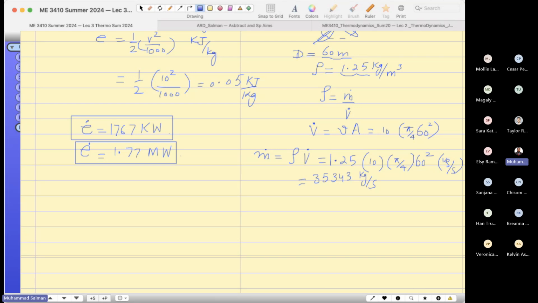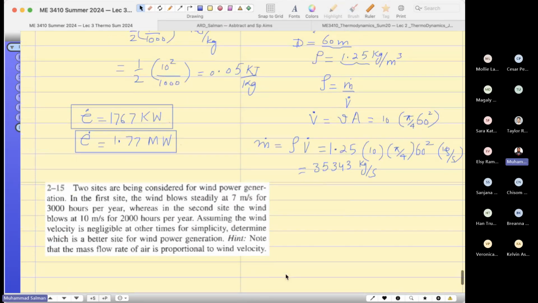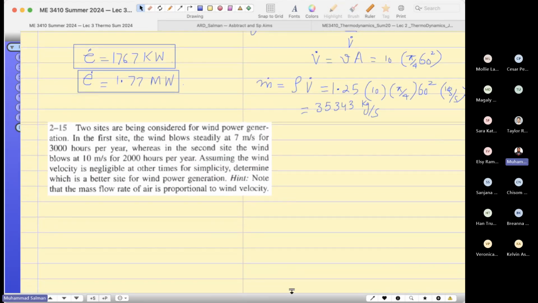This you can solve it by... Let's do one more problem here. Mechanical engineering. I'm focusing on the mechanical energy part since we are mechanical engineers, and we have to understand how the energies are calculated for a device.